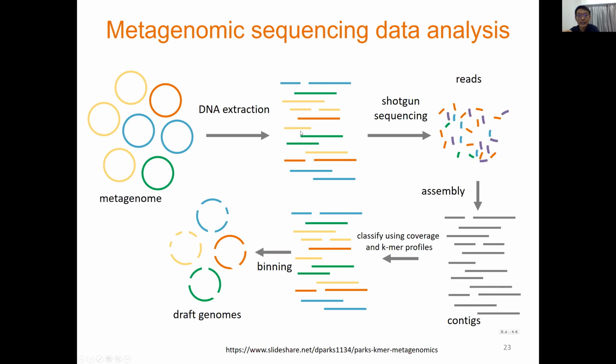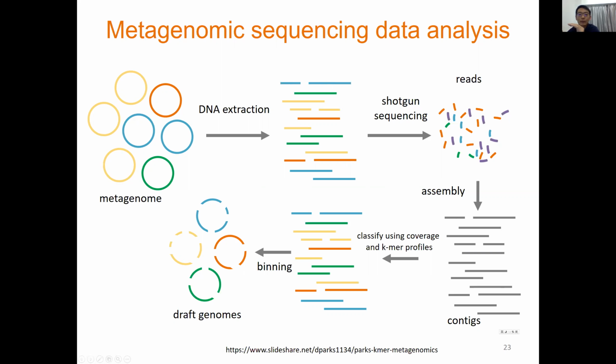For example, we can map the raw reads to the contigs, and if some of the contigs are from one bacteria, the coverage should be the same.